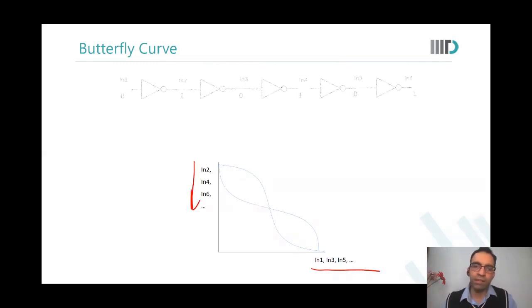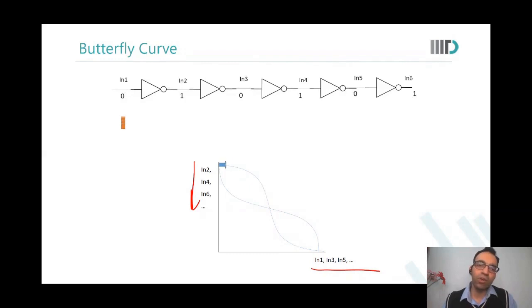In this butterfly curve, let me say I injected noise onto N1. So on this axis, I injected a noise here. When N1 was 0, this particular curve was being followed. Are you with me? So I injected a noise. What happened?